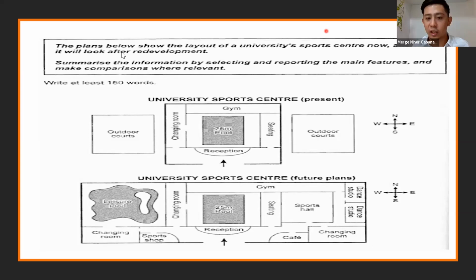So here are all the things you need. You have the task description, you have the entire task. You don't have to mention the outdoor course or leisure pool. It will come later. We don't have to be really specific about this. You just have to present an introduction. So I want everyone to write an introduction.